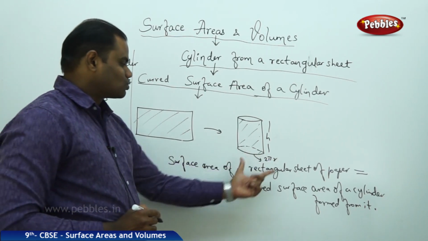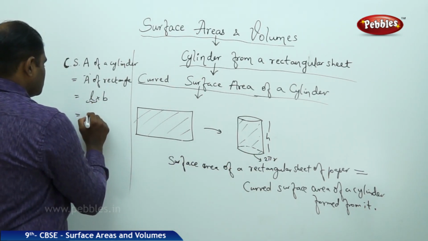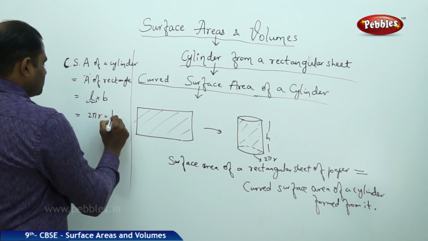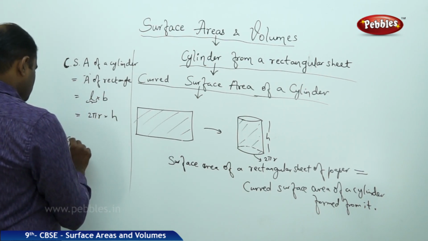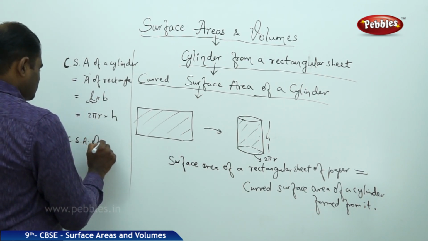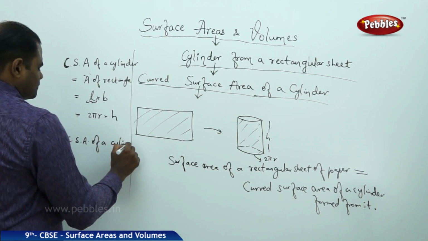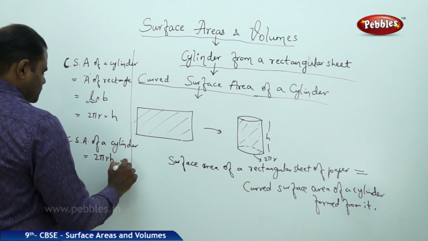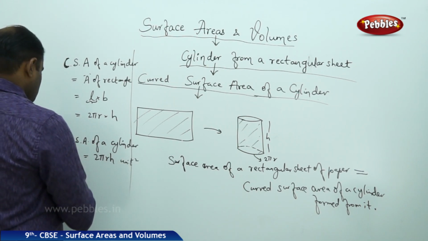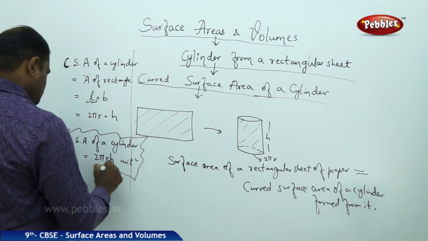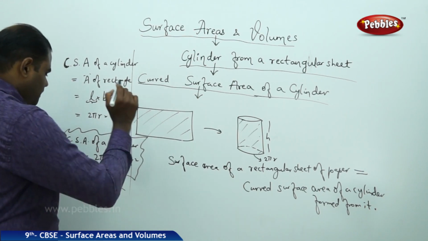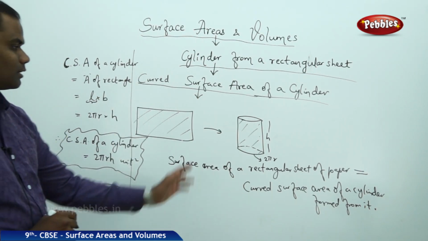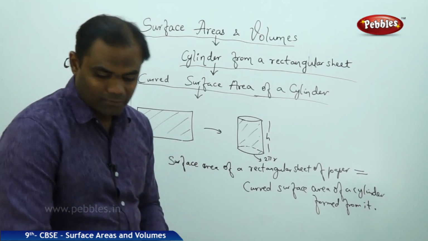So length becomes 2 pi r and the breadth becomes height. Therefore, CSA of a cylinder is 2 pi r h unit square. That is how we understand the curved surface area of a cylinder.